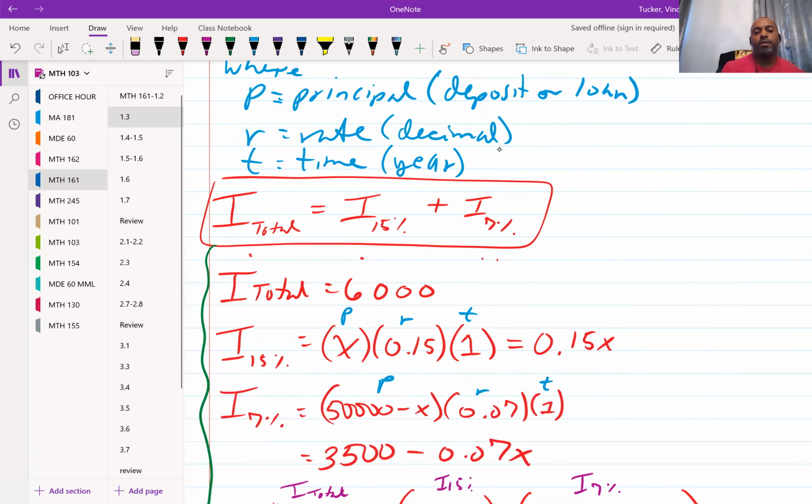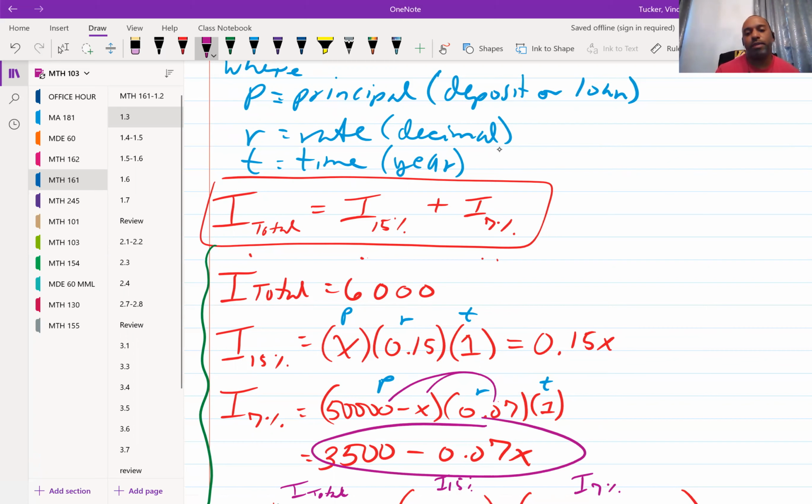Same thought process, PRT, but remember P for the 7% account was 50,000 minus X. Then R is 0.07. And then that's 1 for T. And if you want to simplify that, you can go ahead and distribute that 0.07 into the parentheses, and that gives us 3,500 minus 0.07X.